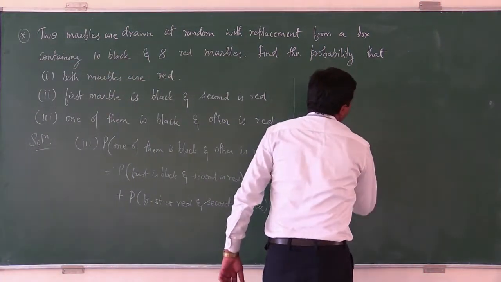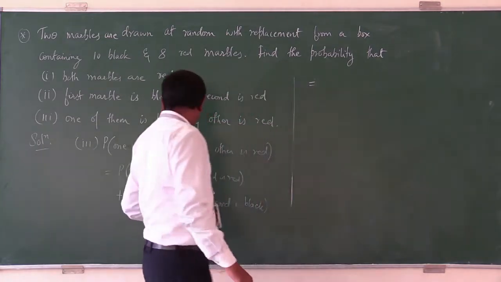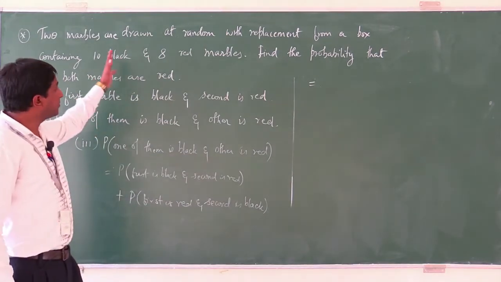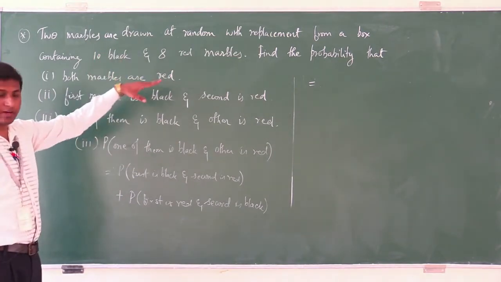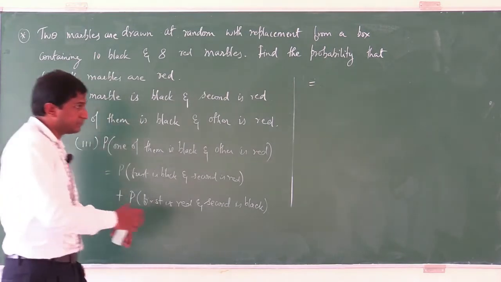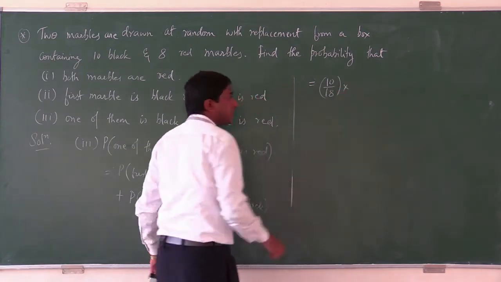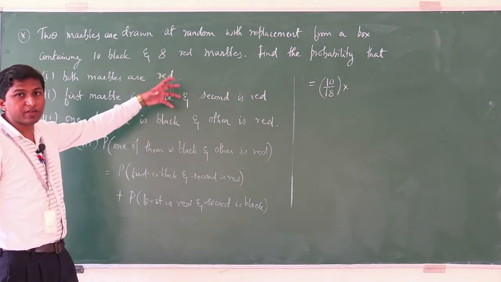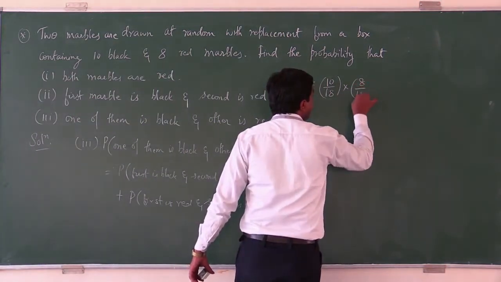Just like the previous two sub-questions, we are going to find that out. What is the probability that the first one is black? Look at the question: total 18 marbles, out of which 10 black, 8 red. The probability of taking out a black marble from this box is 10 by 18, into second is red. The probability of picking a red marble is 8 by 18.